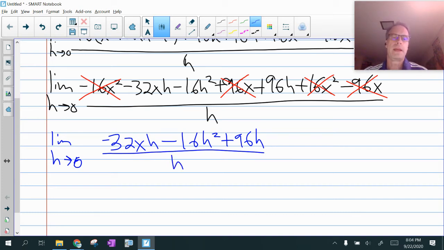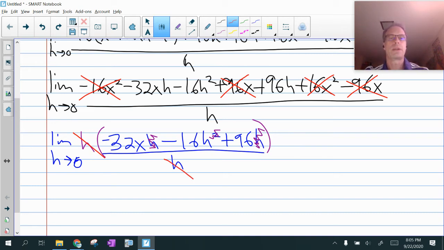Okay, and it still looks like a mess, and if I do my direct substitution, I get 0 over 0. So what I'm going to do instead is I can see that I've got a GCF of h up there in the numerator. So let me factor out an h from each term, and now I'm going to cancel this h with this h.